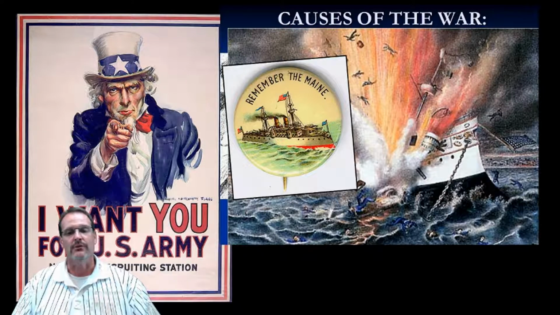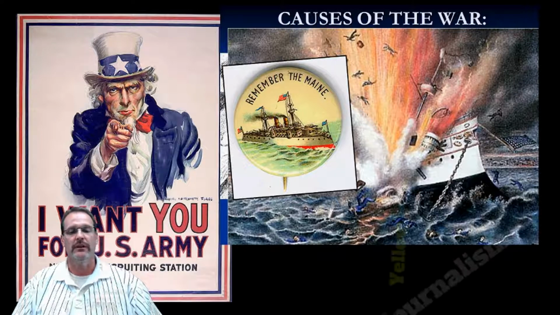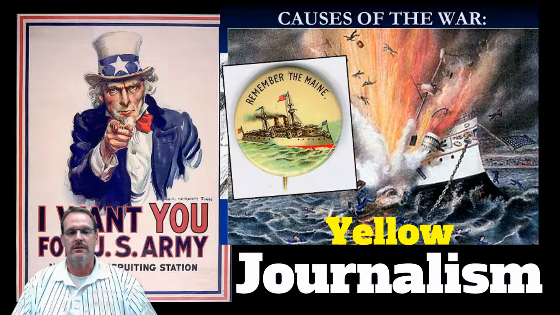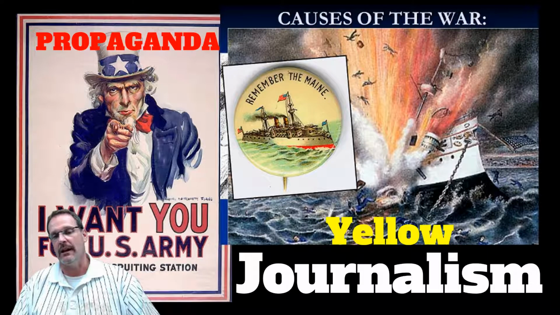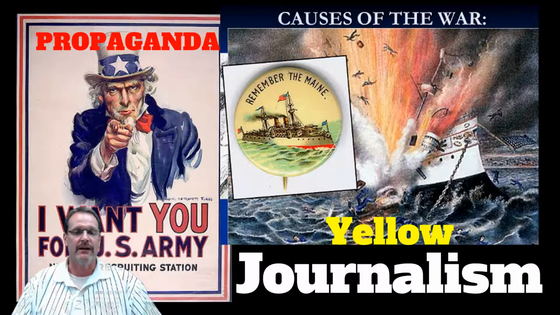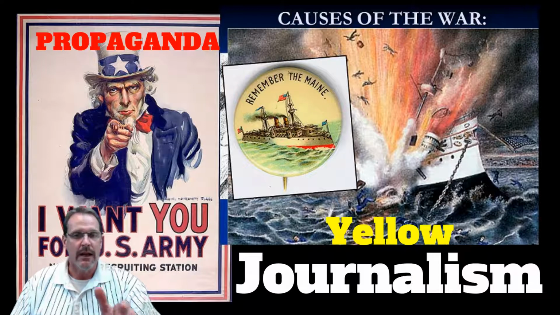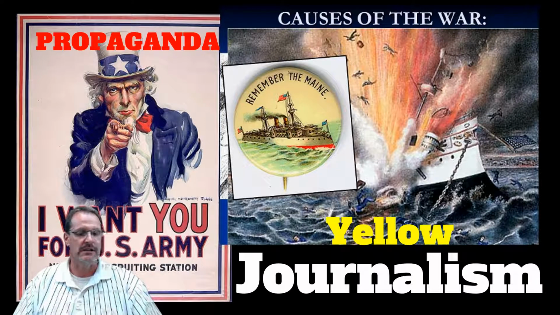This is called yellow journalism, when you purposefully use images to sway people's opinions. Here's actually a piece of propaganda, which is a lot like yellow journalism, trying to get Americans to join the U.S. Army. Of course, Uncle Sam needs you, doesn't he?